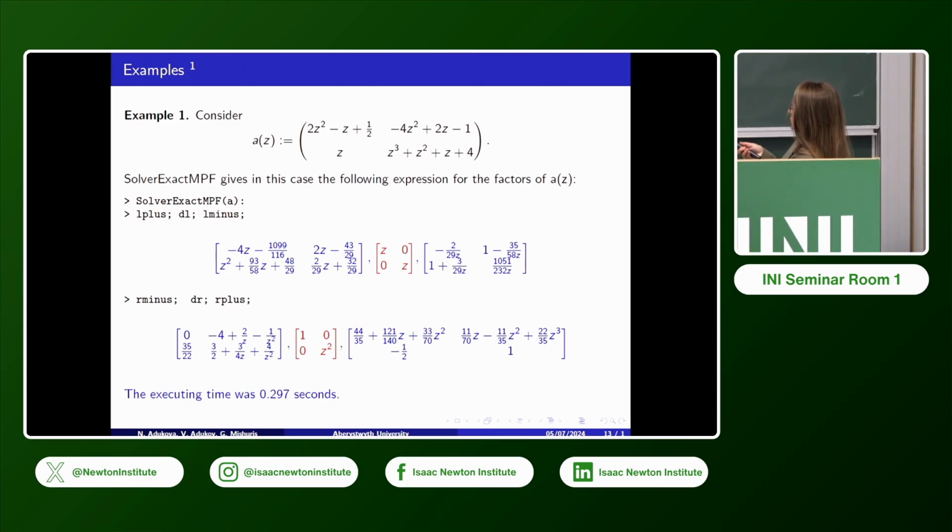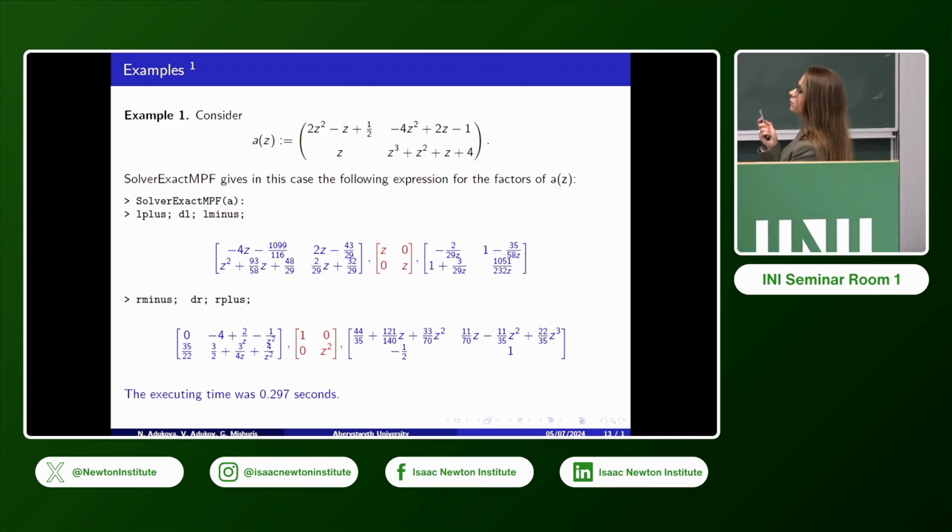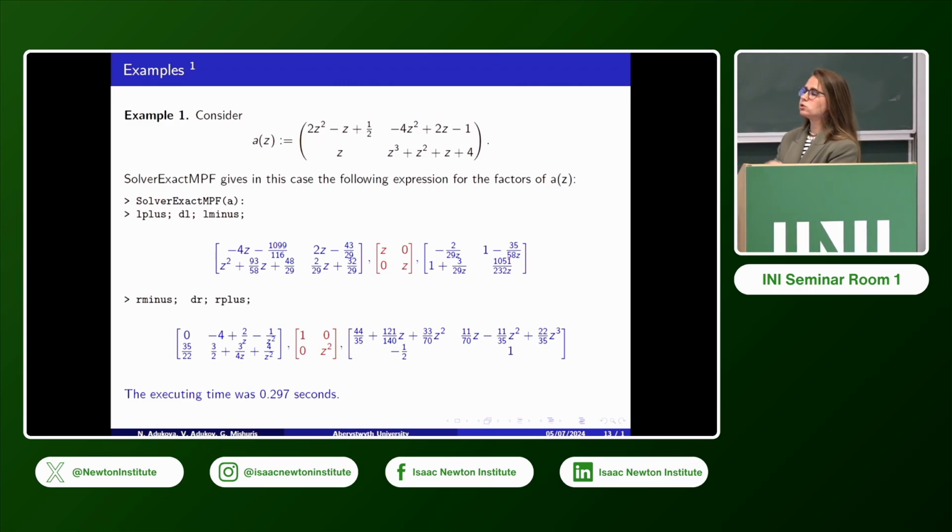Here the difference is equal to 0. So this is the stable factorization. This one here we can see that this is an unstable factorization. But the very important point is that we managed to find it, and the answer is correct.